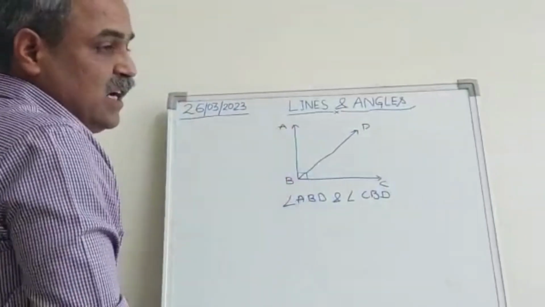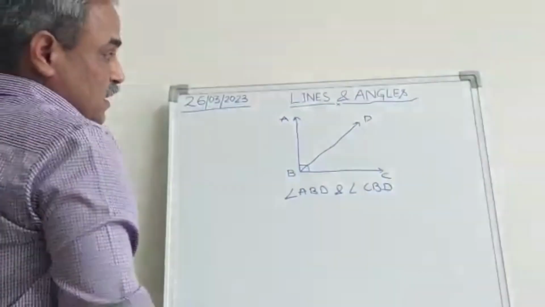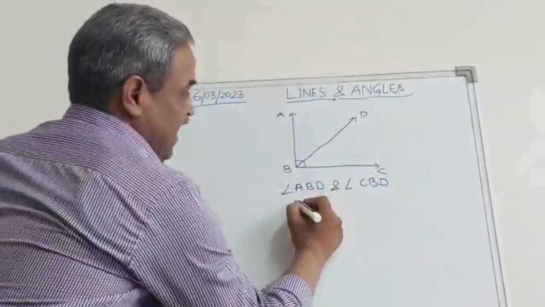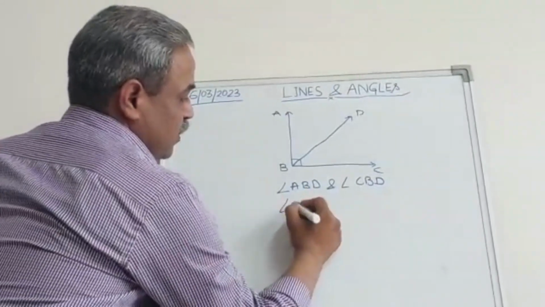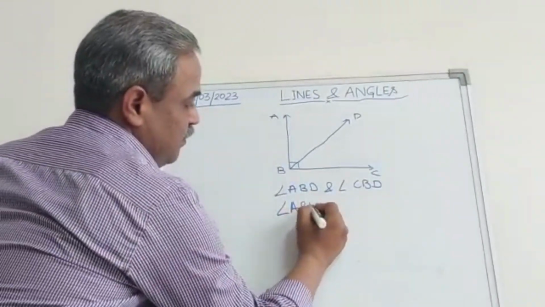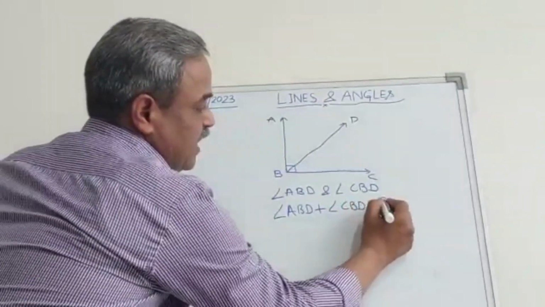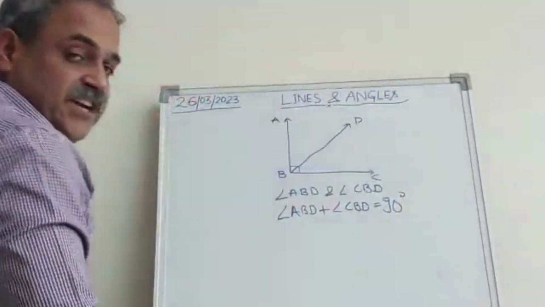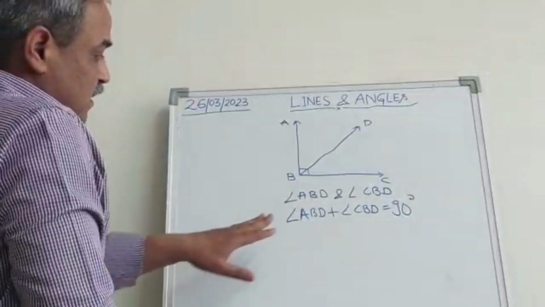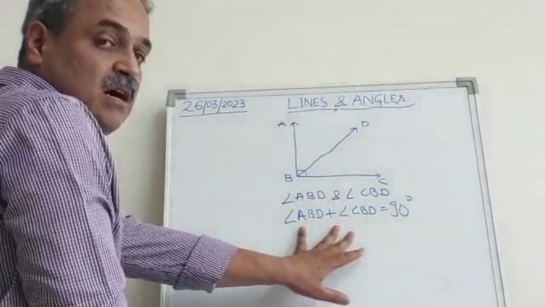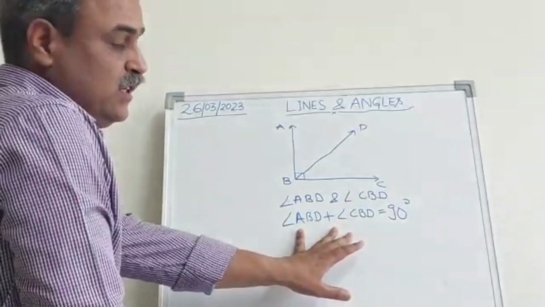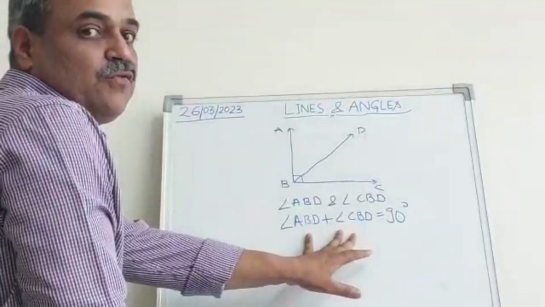These two angles combined form angle ABC. Therefore, the sum of angle ABD and angle CBD will be equal to 90 degrees, and these two angles are complementary to each other, therefore they are known as a complementary pair of angles.